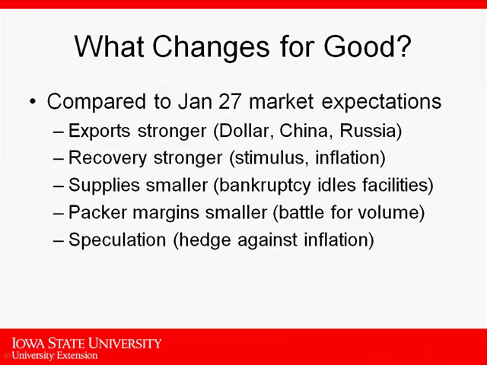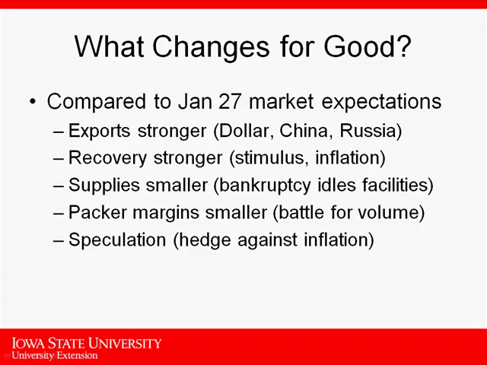Well, first off, what would it take to give us good? Compared to yesterday, we would have to have exports stronger than what they were thinking. So it's a weak dollar. China comes back in the market. Russia has resolution, and we begin and continue trading with them. We'd have to have the recovery stronger, maybe an additional stimulus package. Obama's going to talk about some things tonight. Get the economy back going.